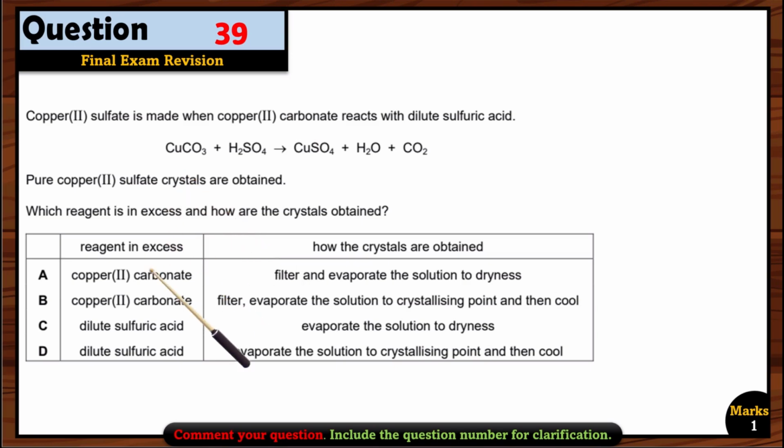So the reagent in excess is copper carbonate. Now, how are the crystals obtained? First of all, we have to filter this excess, and then follow the crystallization method. So filter, evaporate the solution to the crystallization point, and then cool. So that's why option B is the right option.